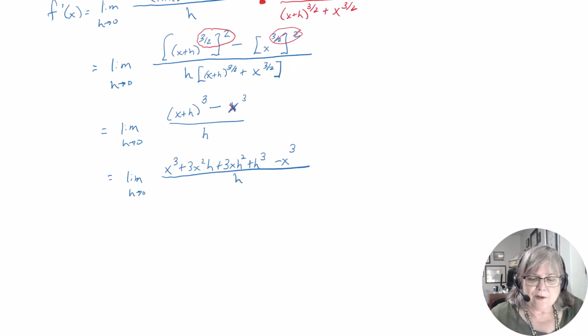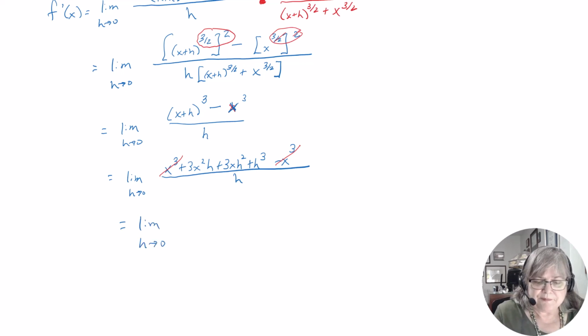And again, what you're really hoping is that anybody that does not have an h gets canceled out by somebody else that's the opposite that doesn't have an h. Everybody else has an h, so I'm going to factor the h out while I'm writing down this next step. So I have h times 3x squared plus 3xh plus h squared.